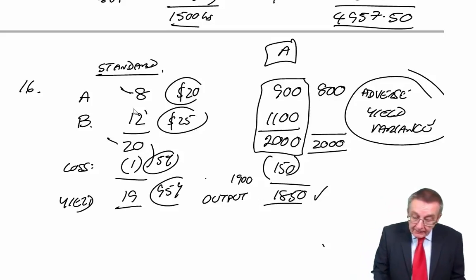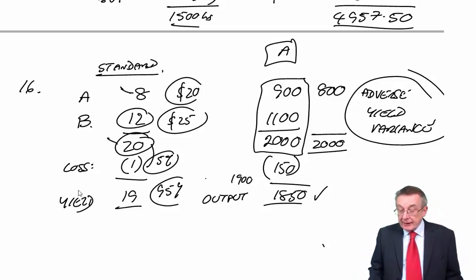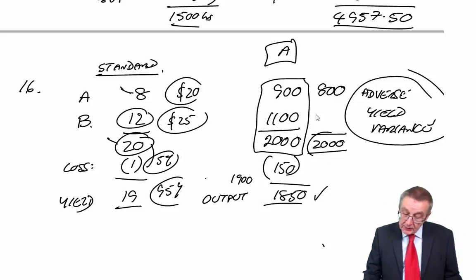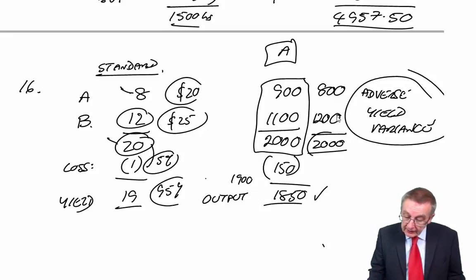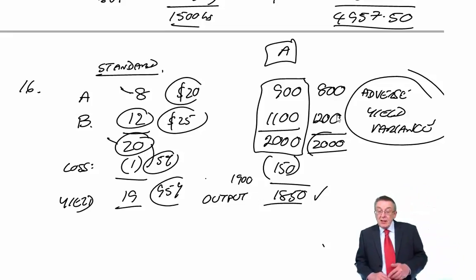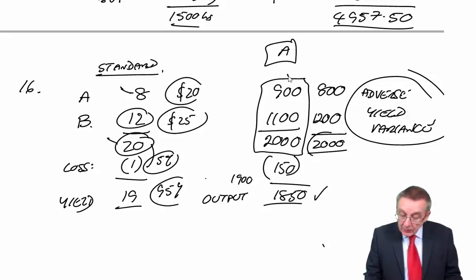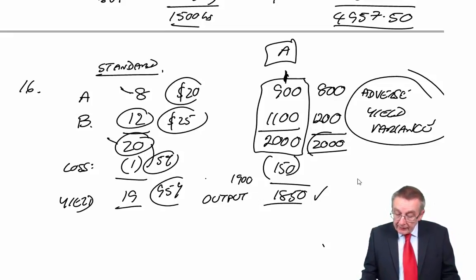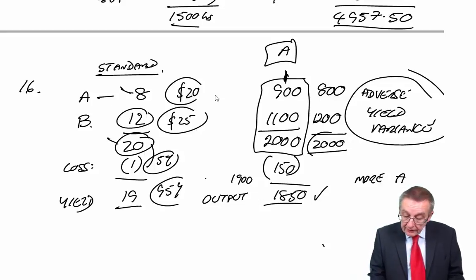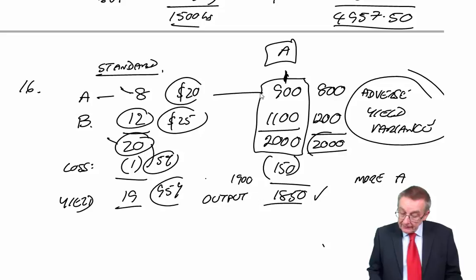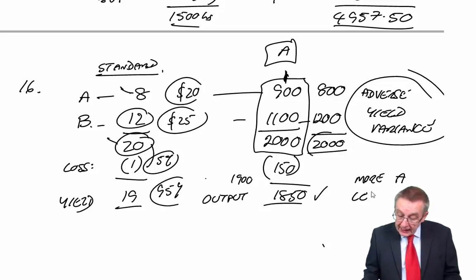Whereas B should have been 12 litres for every 20. So for 2,000, it should have been 1,200. So what's happened here? This is what actually happened. And we've ended up buying more of A than we should have done. And as a result, we've bought less of B.